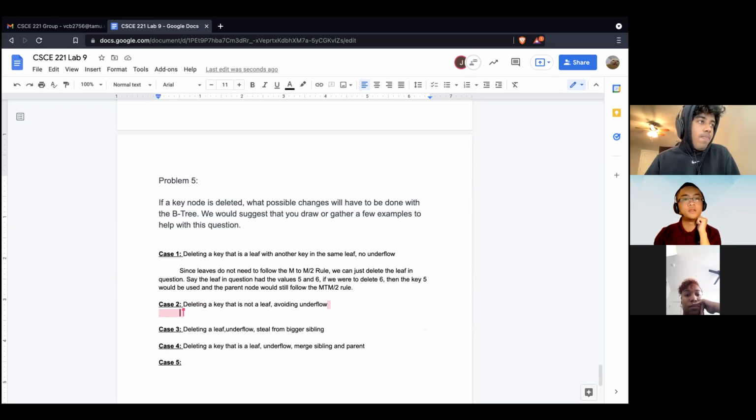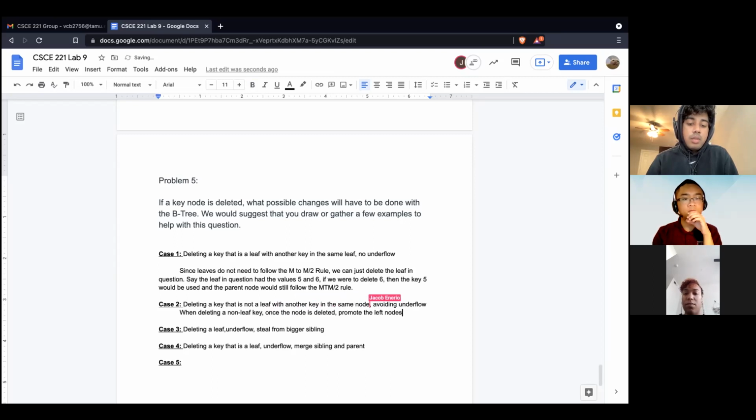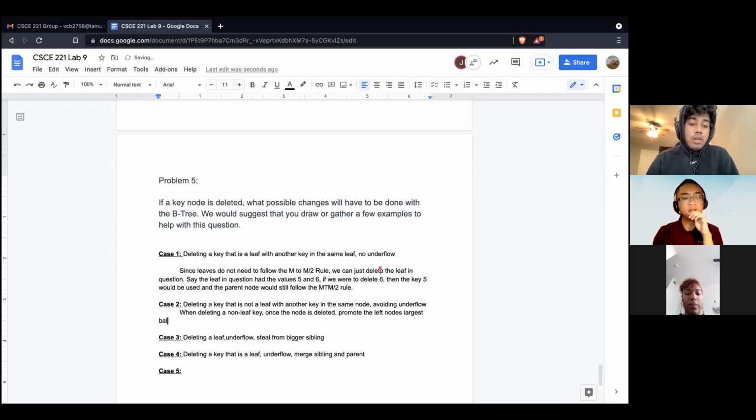And then case 2, deleting a non-leaf key. When deleting a non-leaf key, once the node is deleted, promote the left node's largest value. Or it depends.